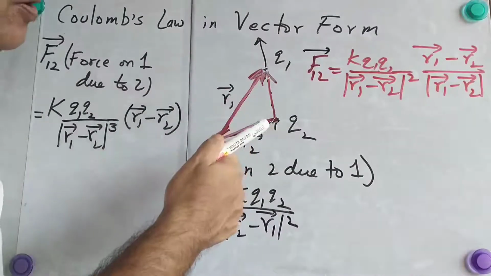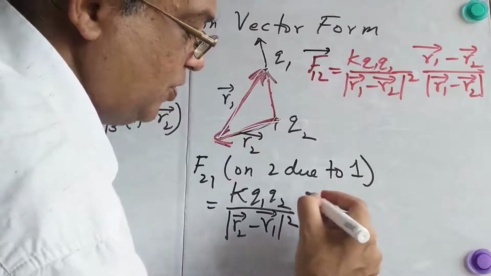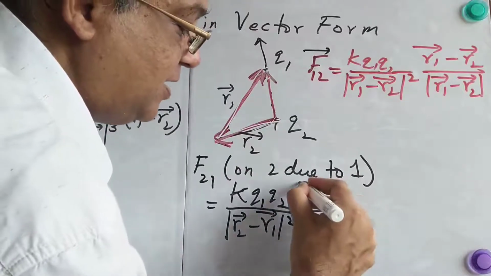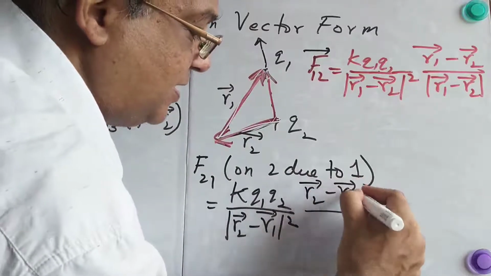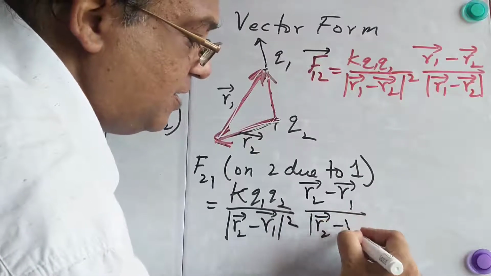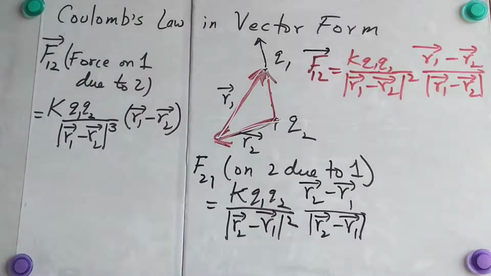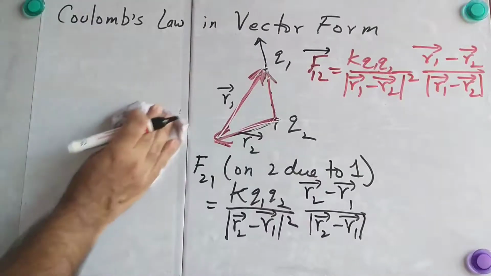So this will be equal to minus R1 plus R2, that is equal to R2 vector minus R1 vector by magnitude of R2 vector minus R1 vector. A vector by its magnitude gives us a unit vector in that direction. So therefore, this is Coulomb's law in vector form.